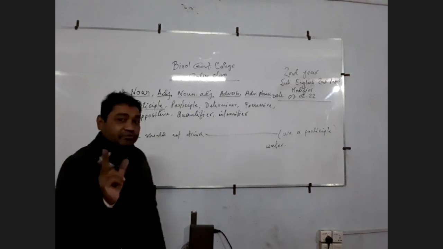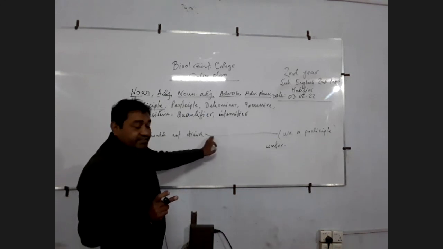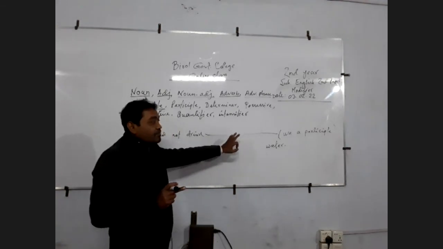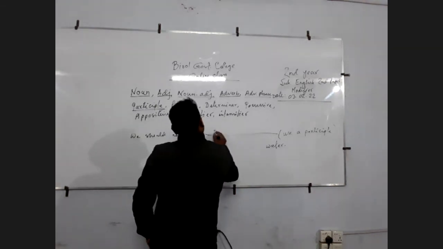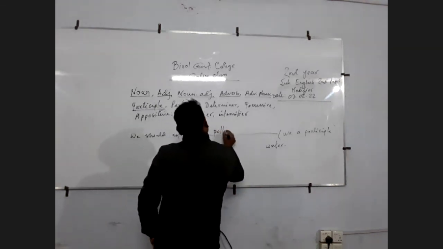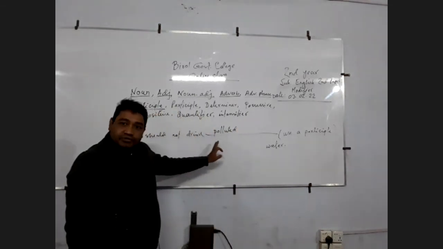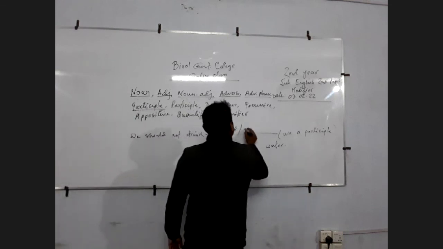So we should not drink, it will be, polluted water. The word polluted comes from pollute. Pollute is a verb. Again, you can write contaminated water.